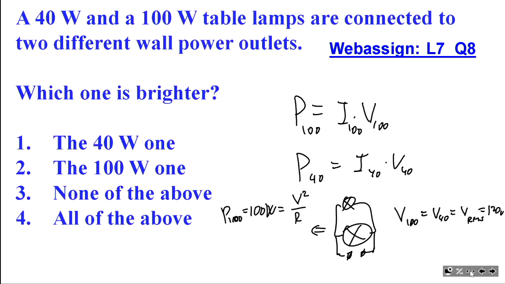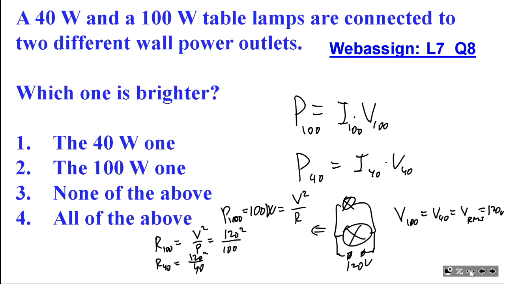Which voltage? The voltage of a power outlet, which is 120. So R will be equal to voltage squared over power, 120 squared over 100. But R40 will be equal to 120 squared over 40.